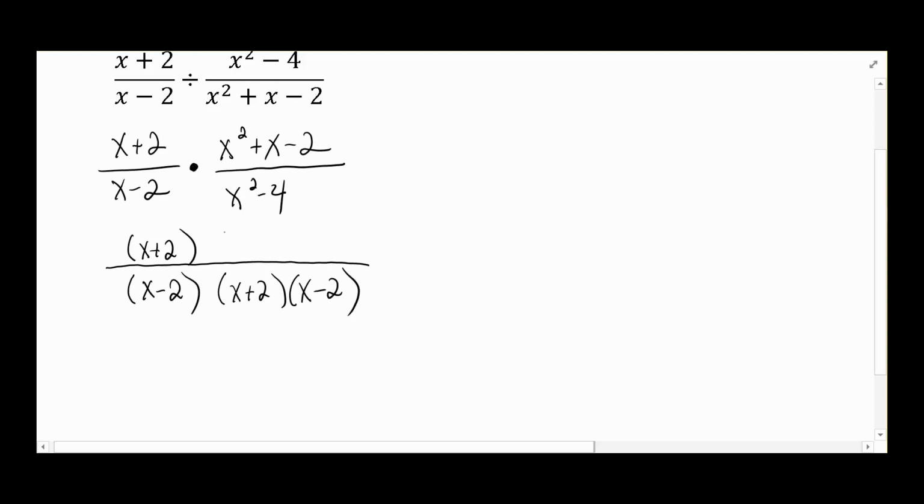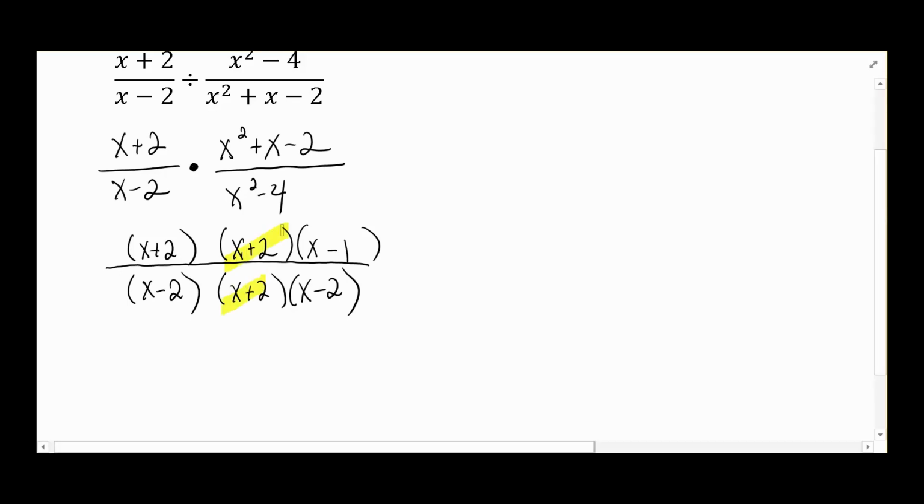And then in the upper right, we're looking for things that multiply to give us negative 2, but add to give us positive 1. So that's going to be negative 2, positive 2, and negative 1. And that should add together to equal positive 1, multiply to be negative 2.